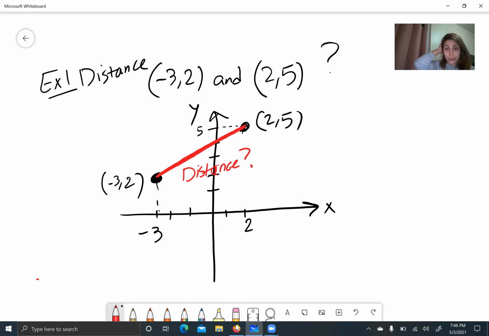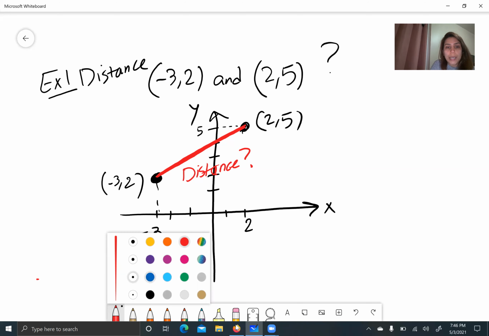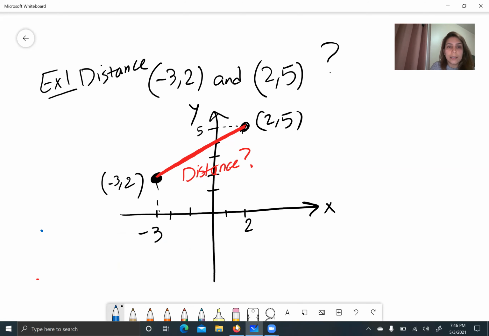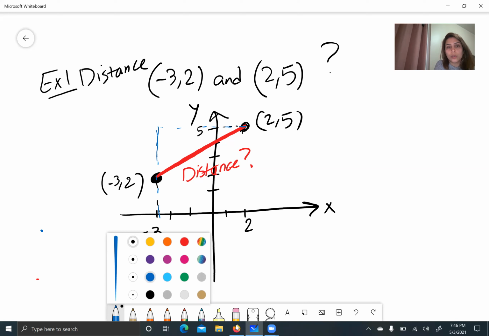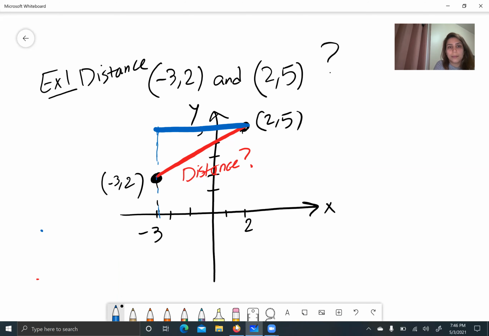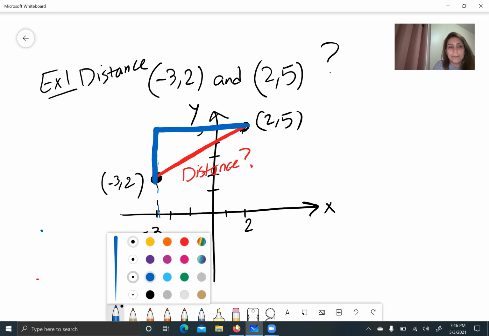One way to find the size of this line, or the distance, is to create a right triangle. Because you can draw this, creating this right triangle.